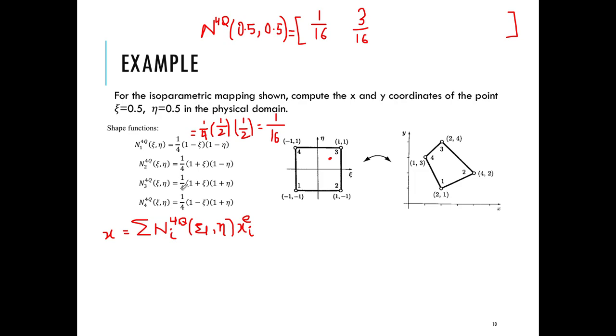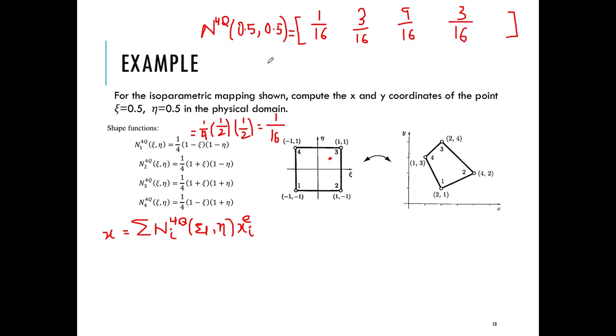N3 is 1 by 4 multiplied by 1.5 multiplied by 1.5, so that is 9 by 16. And finally N4 would be the same as N2, which gives me 3 by 16.